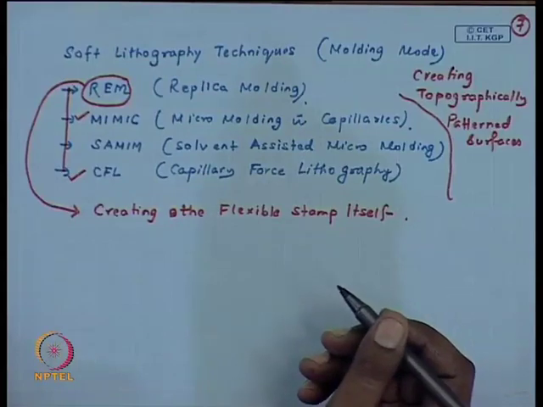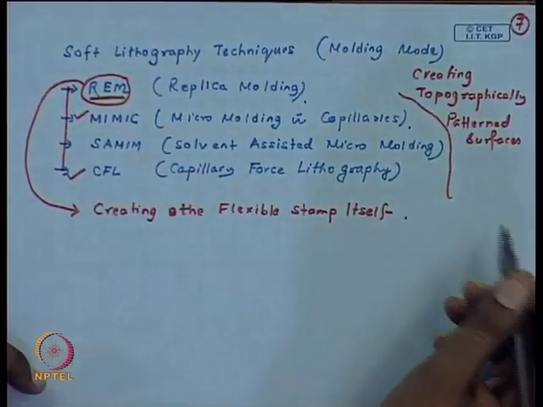Then you replicate that structure and get a negative replica of it on the crosslinked PDMS material, which you then go on using as your soft lithography stamp.